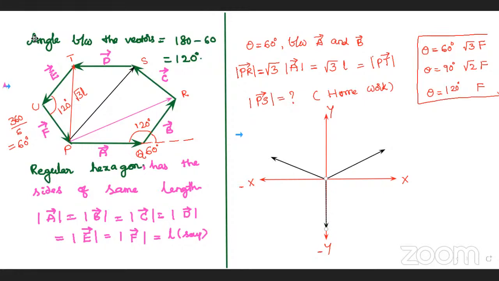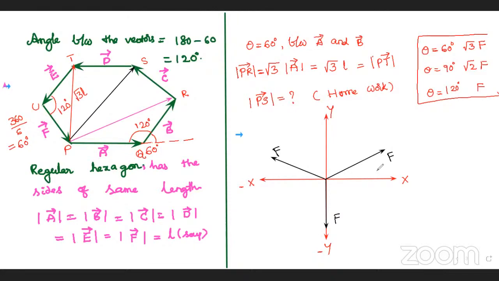Same magnitude means its magnitude is say F, the second one's magnitude is also F, the magnitude of the third one is also F. All three have the same length, same magnitude, but they are in different directions.